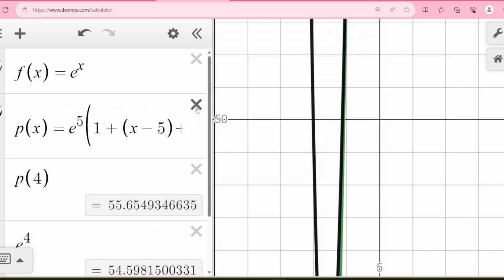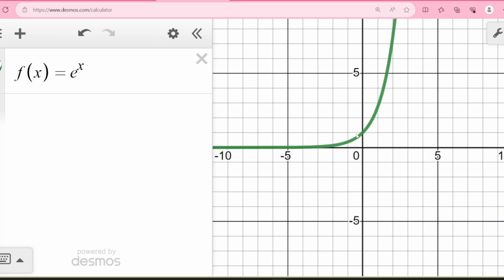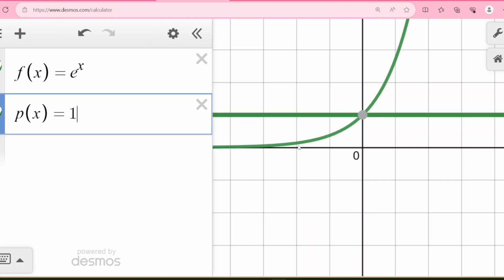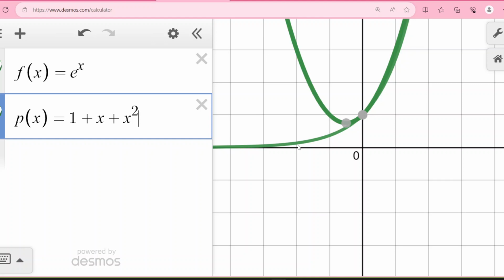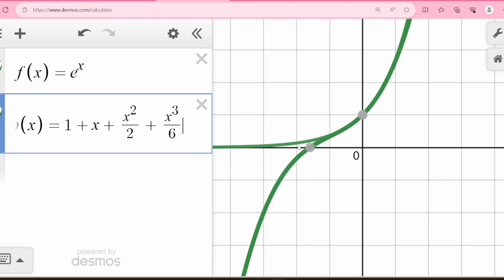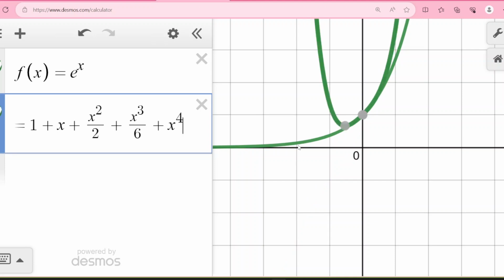All right, so look, e to the x. I'll just keep e to the x up, because that was the function we were given. Now near 0, here's the point 0, 1, that's on our graph. And here's the polynomial, P of x equals 1 plus x plus x squared over 2 plus x to the third over 3 factorial, or 6, plus x to the fourth over 24.